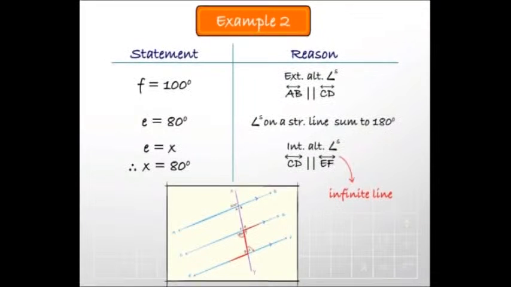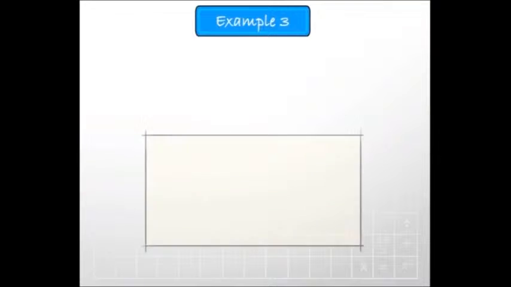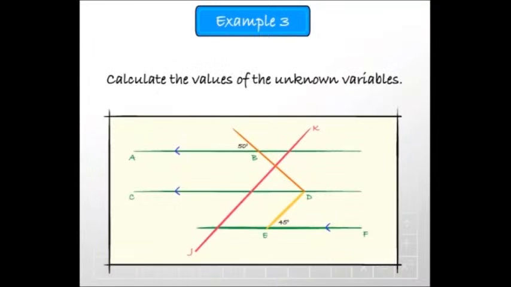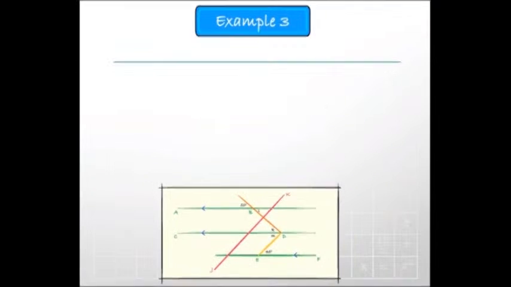We are now going to move on to the third and final example. By considering the diagram, we have been asked to calculate the values of the unknown variables. In other words, we have been asked to calculate the values of L, K, and M. So, firstly, you will notice that angle L has to have a magnitude of 50 degrees.